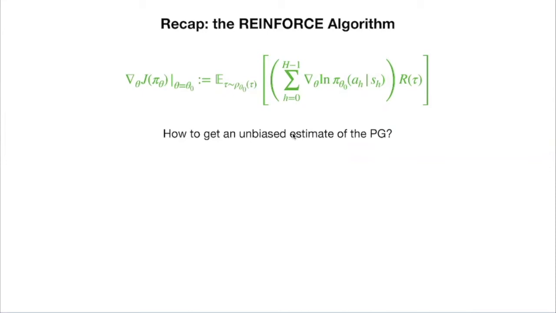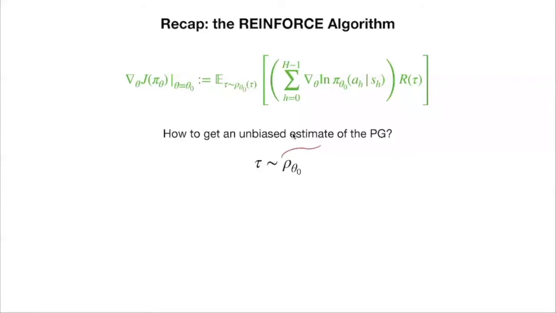And now we get to the ground truth formulation for policy gradient. And how can we get an unbiased estimate from it, so that we can do a stochastic gradient update? We just need to replace the expectation by a sample or multiple independent samples. So just draw a trajectory from this distribution.